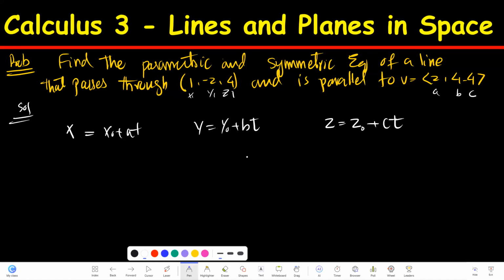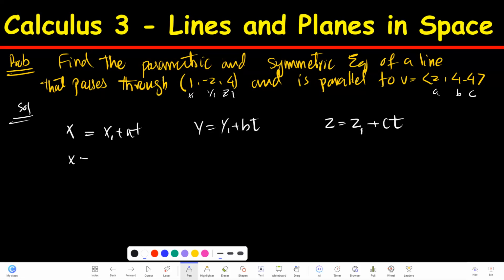The reason I'm writing naught here is that some books use naught for x naught, y naught, z naught as the starting point. x1 is a little bit different from x naught; x naught is always used for a starting point. But if you don't want to write naught, you can still use 1, 2, 3, like we learned earlier. If you know the concept, these little changes depending on the book and author should not bother you.